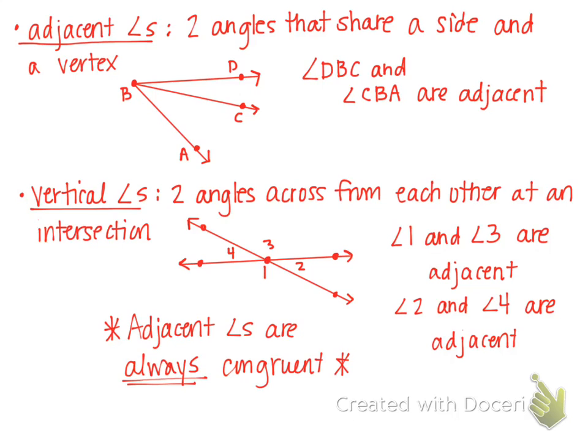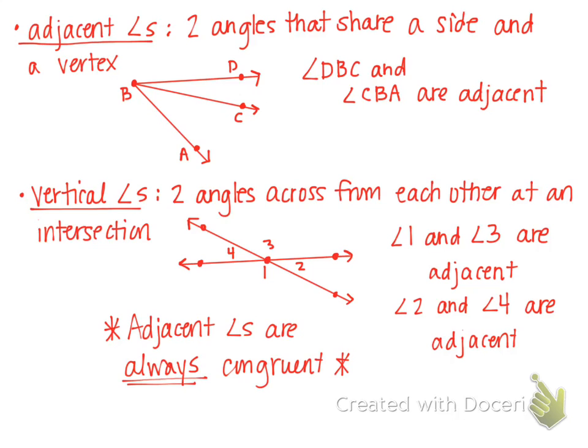Okay, so let's talk about adjacent angles. Adjacent angles are two angles that share a side and a vertex. So a side can be a segment, a ray, or a line, but the biggest thing is they share a vertex. And a vertex, remember, is like the corner of the angle. It's where the two sides intersect for the particular angle.